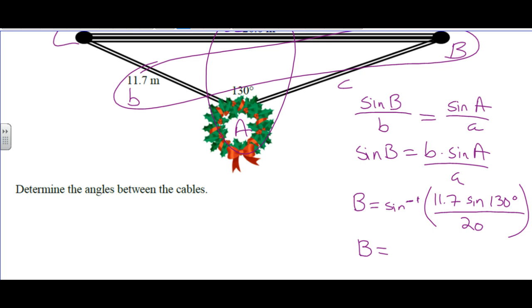Angle 180 minus 130 plus, second function answer. So we got 26.6 degrees and 23.4 degrees.